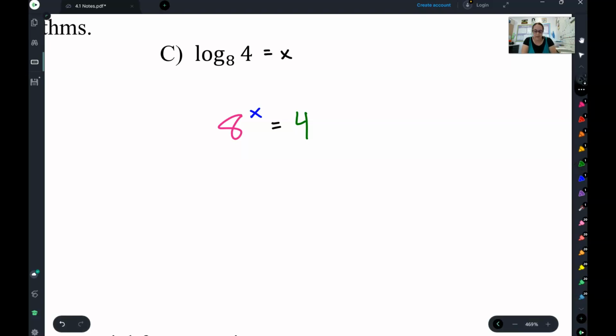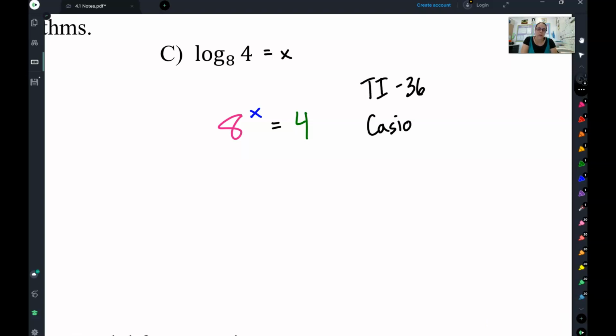And if you have a TI-36X Pro, or most of the Casios, scientific calculators will have this button, the TI-36 and the Casios will have a log button that you can push, and it will give you something like this.